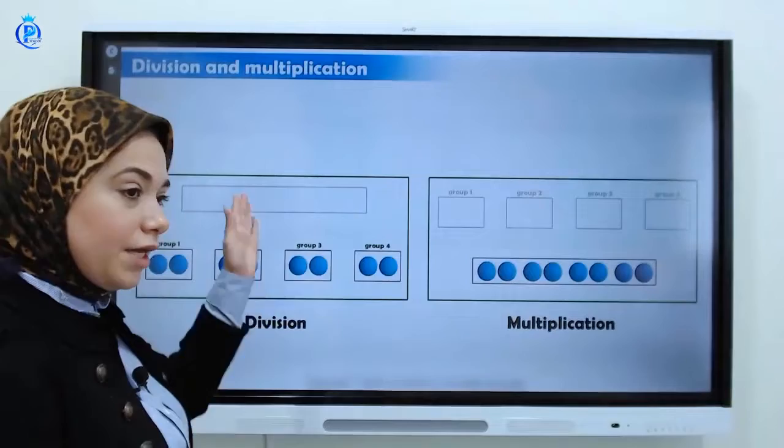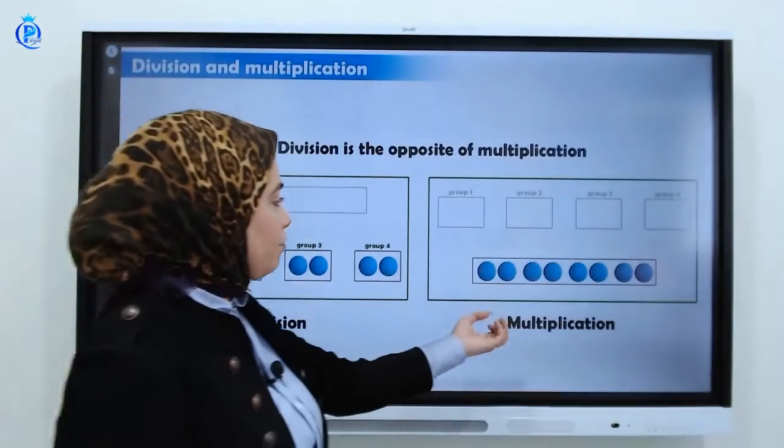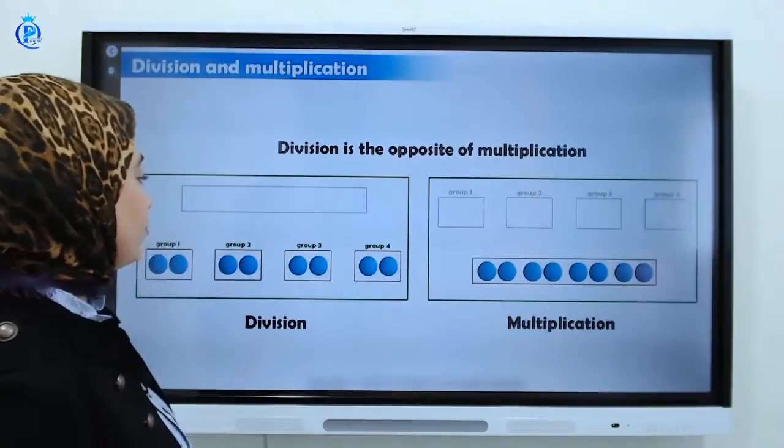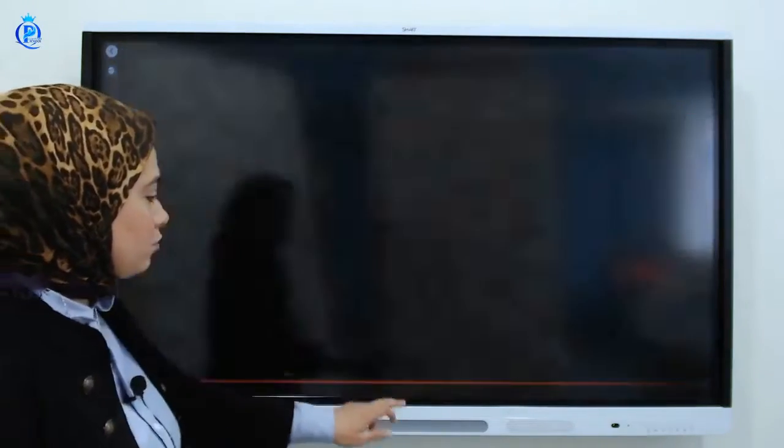Division is breaking something, and multiplication is to group something. So division is to split something and put it into groups. But multiplication is to put things into groups. So the inverse of multiplication is division.